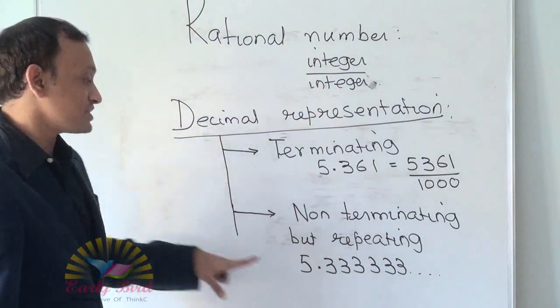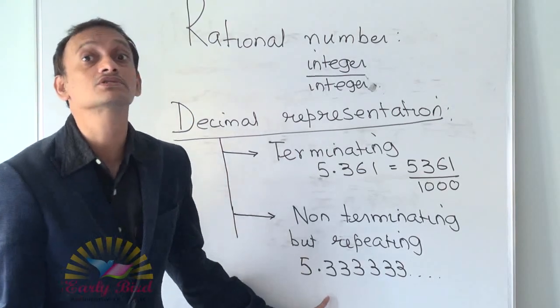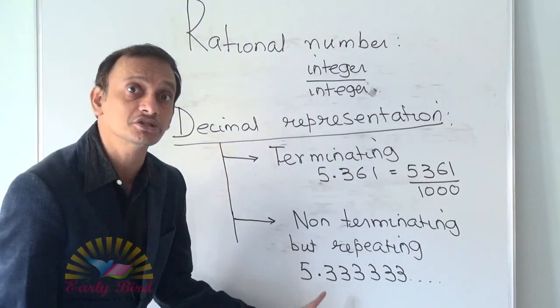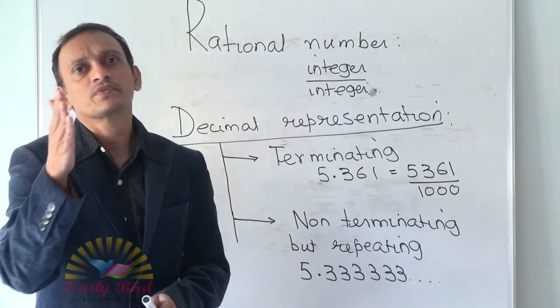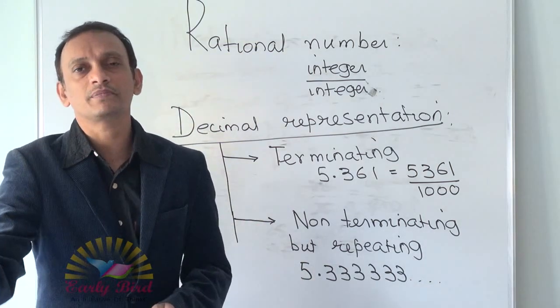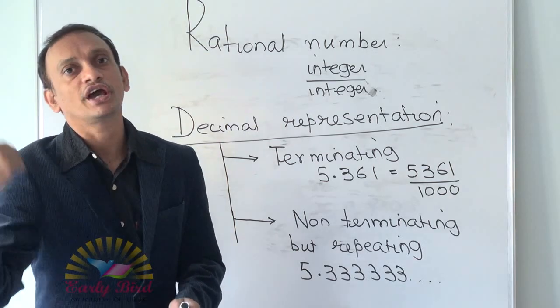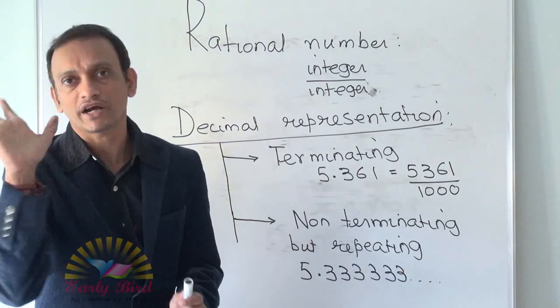Now the question is, is this a rational number or is this not a rational number? The only question to be addressed is if it can be expressed in the form p by q, where p and q are integers and q is not 0, then it's a rational number, right?